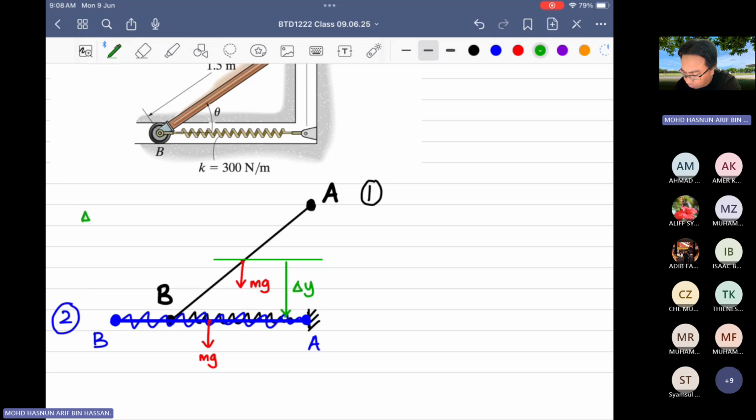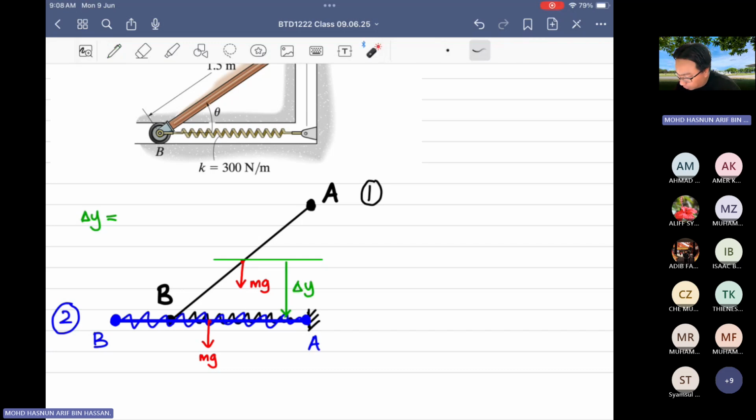So, how do we find delta y? Any idea? How do we find the value of delta y? Triangle. Okay, triangle, yes. Always look for a triangle.